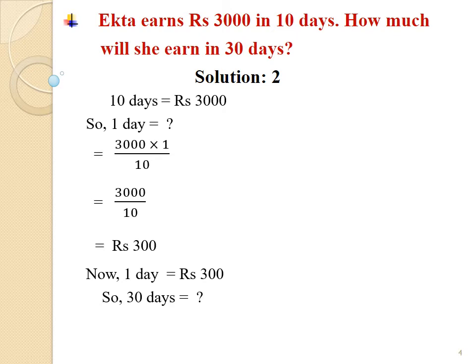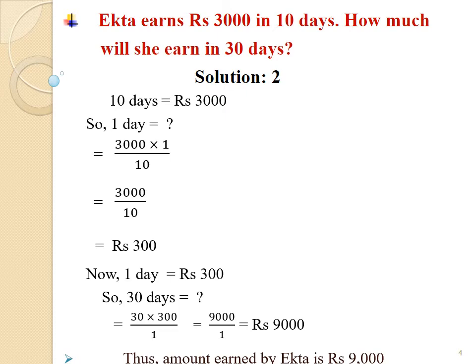Now, multiplying 300 by 30 and keeping denominator 1 as it is, we get 9000 by 1. Now, dividing 9000 by 1, we get 9000. Thus, the amount earned by Ekta is rupees 9000.